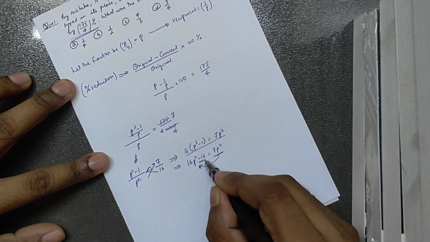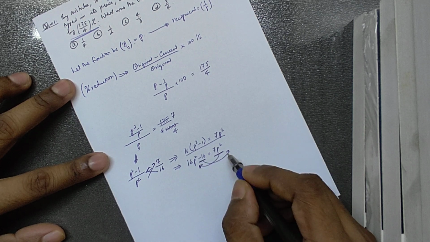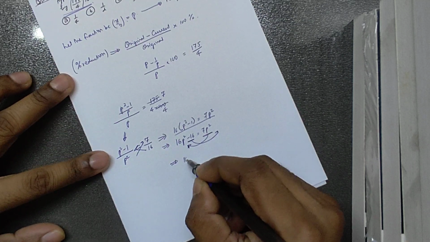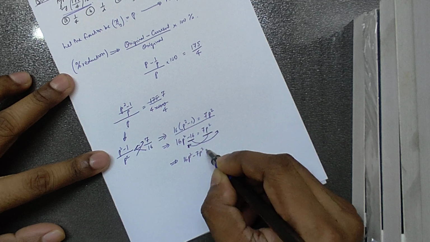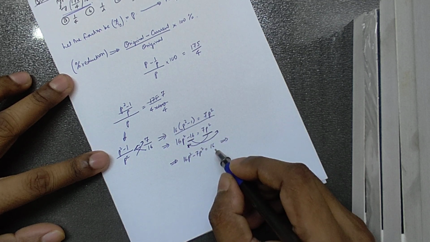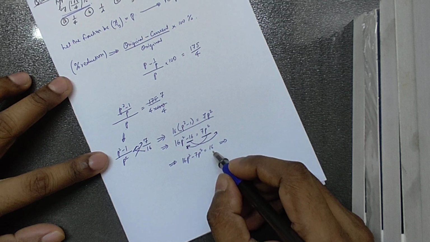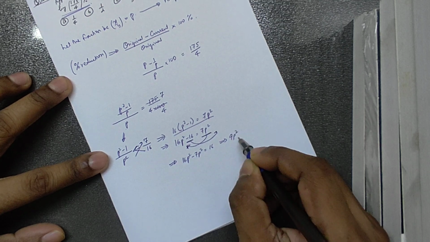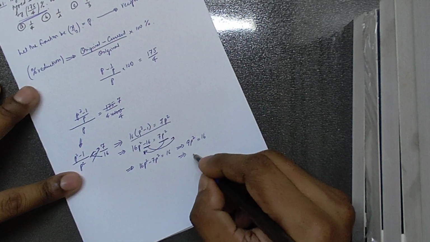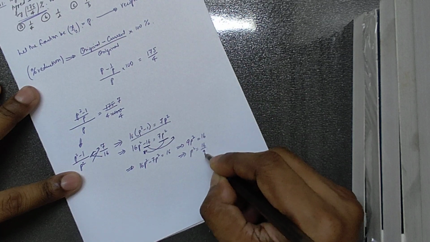And when this minus 16 goes on to the right hand side, we'll have plus 16. So finally what we'll have is 16p square minus 7p square is equal to 16. Or simply 16p square minus 7p square is 9p square. So we'll have 9p square is equal to 16, or we can simply say that p square is equal to 16 upon 9.